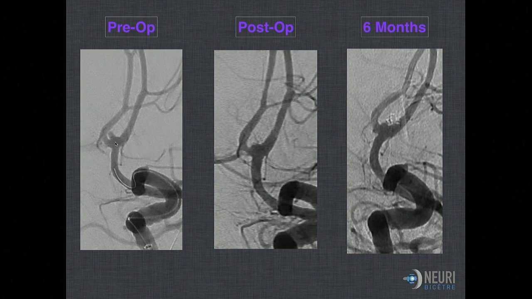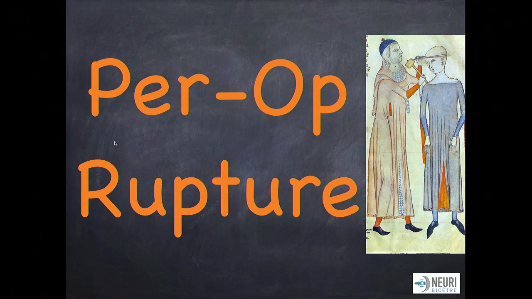Balloon is used for 3 purposes. The first one was shown already, is to maintain the coils. The second is to maintain the microcatheter within the sac of the aneurysm when you have a difficult angulation. And the third is to control a bleeding when you get a rupture.